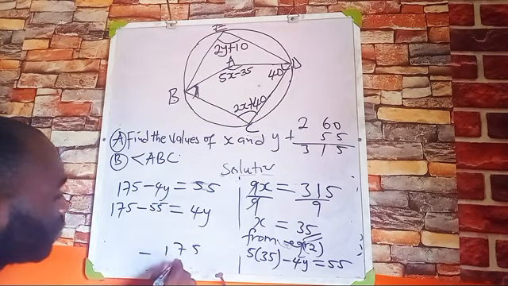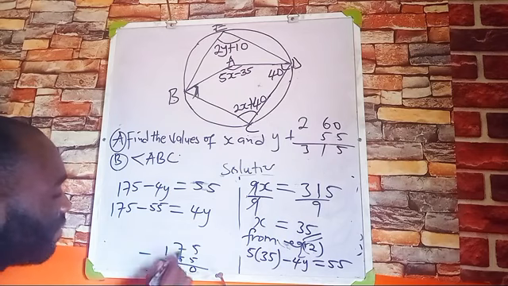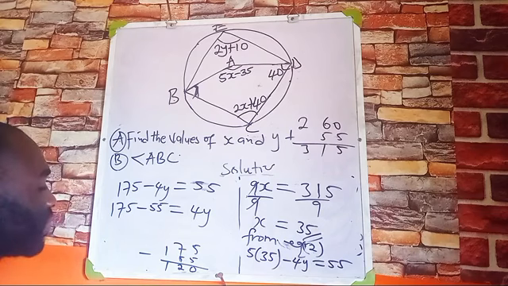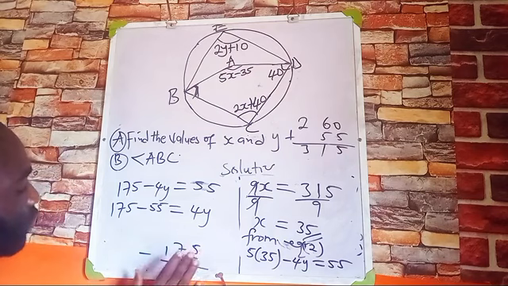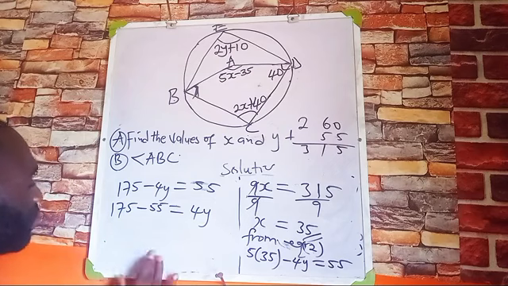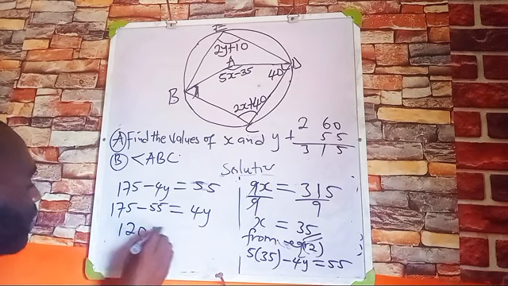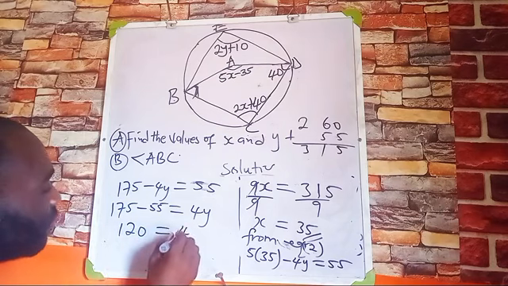175 minus 55. 5 minus 5 is 0. 7 minus 5 is 2. Then 1. So that gives us 120. So with that, we know that 120 is equal to 4y.